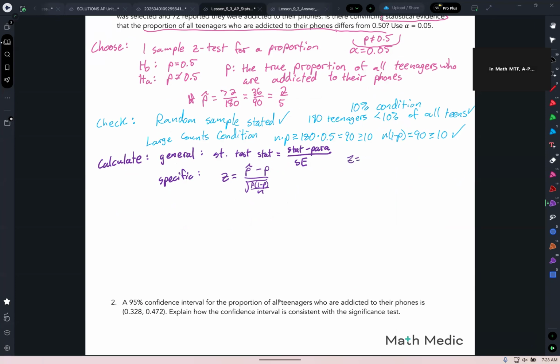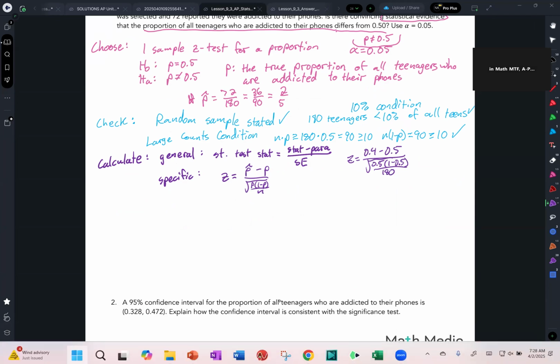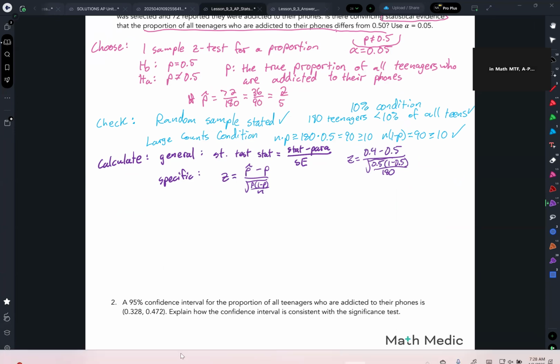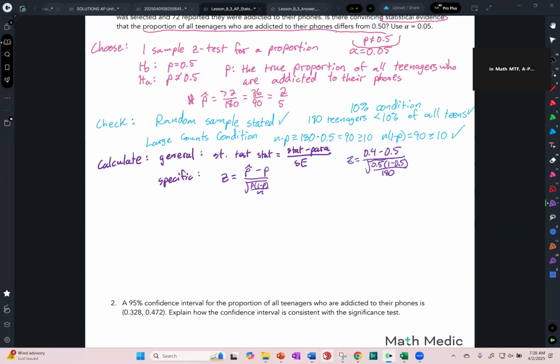Z equals 0.4 minus 0.5 divided by the square root of 0.5 times 1 minus 0.5 divided by a sample size of 180. Now, don't forget, at this point, I'm never, ever, ever doing that work by hand because there's just too many options for an error.